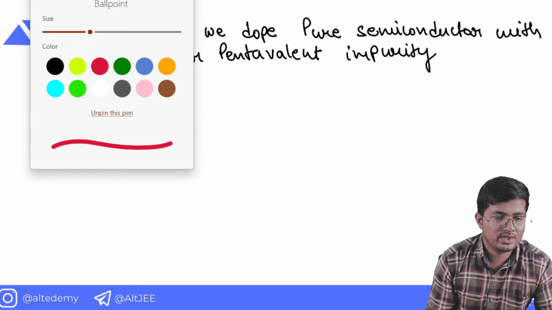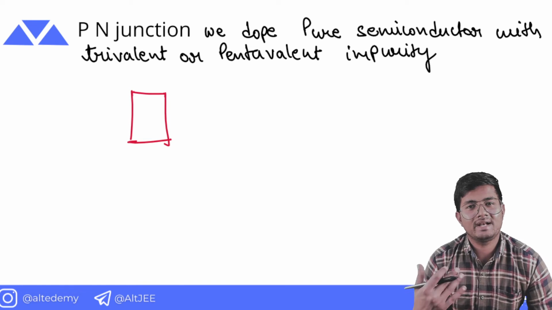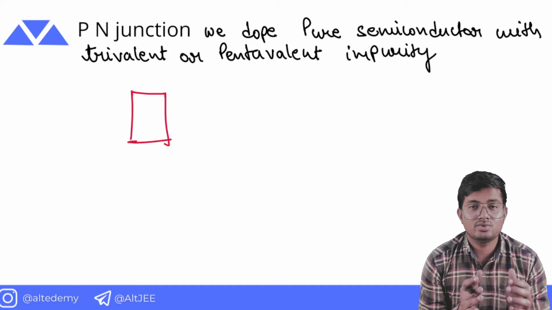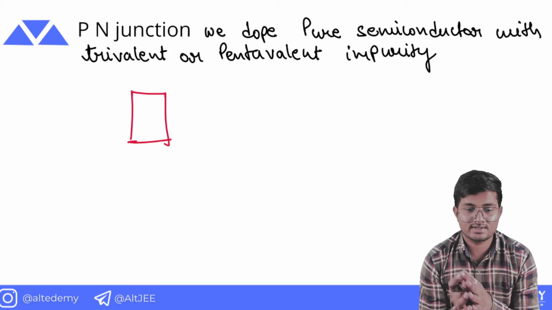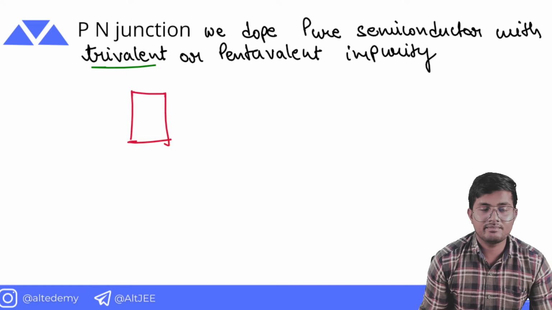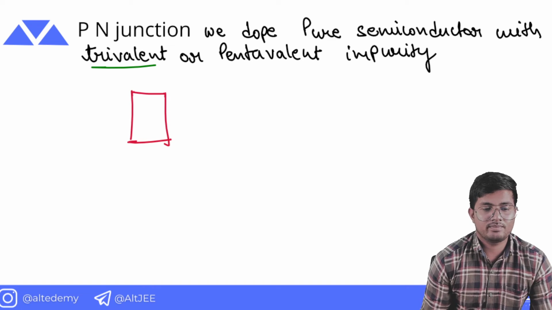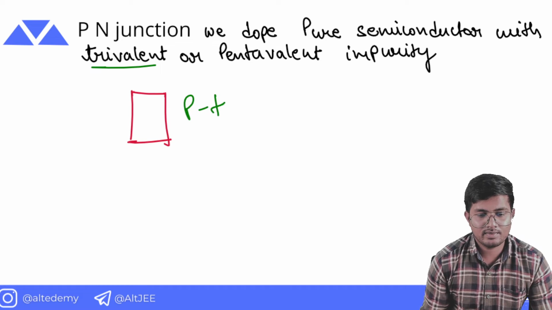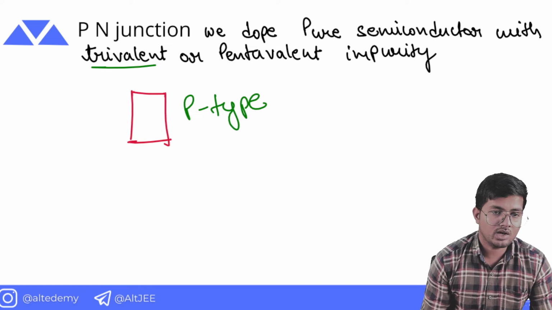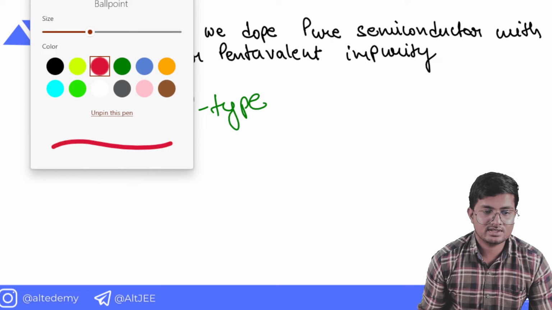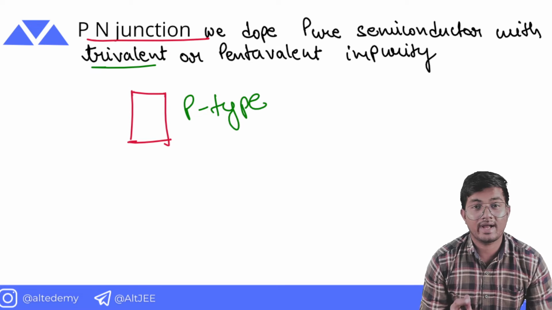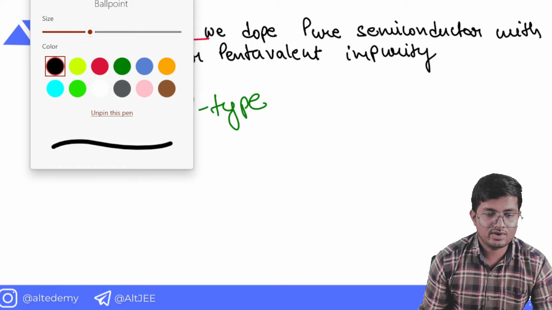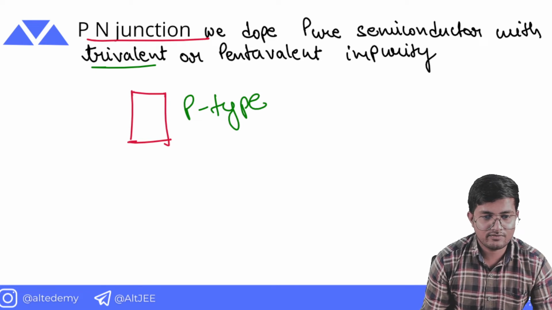So what we are doing is, if I'm having a pure semiconductor, I will dope this with either trivalent impurity or pentavalent impurity, and after doing this, I have to dope it with the other kind of impurity. For example, if I have used trivalent impurity first, then it will become p-type semiconductor. Now since it is a p-type semiconductor and I want PN junction to be formed, this is your first step.